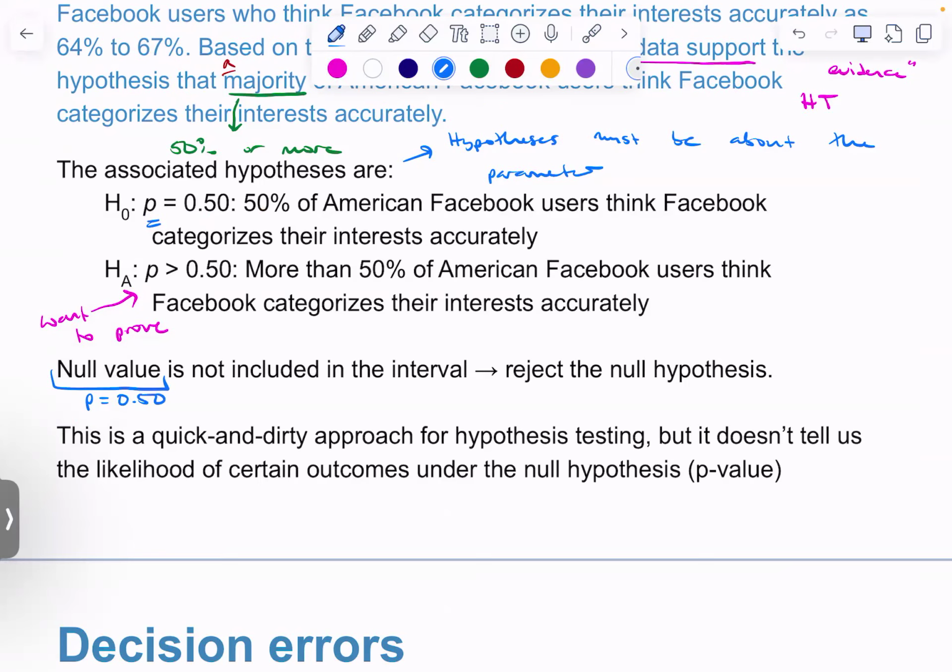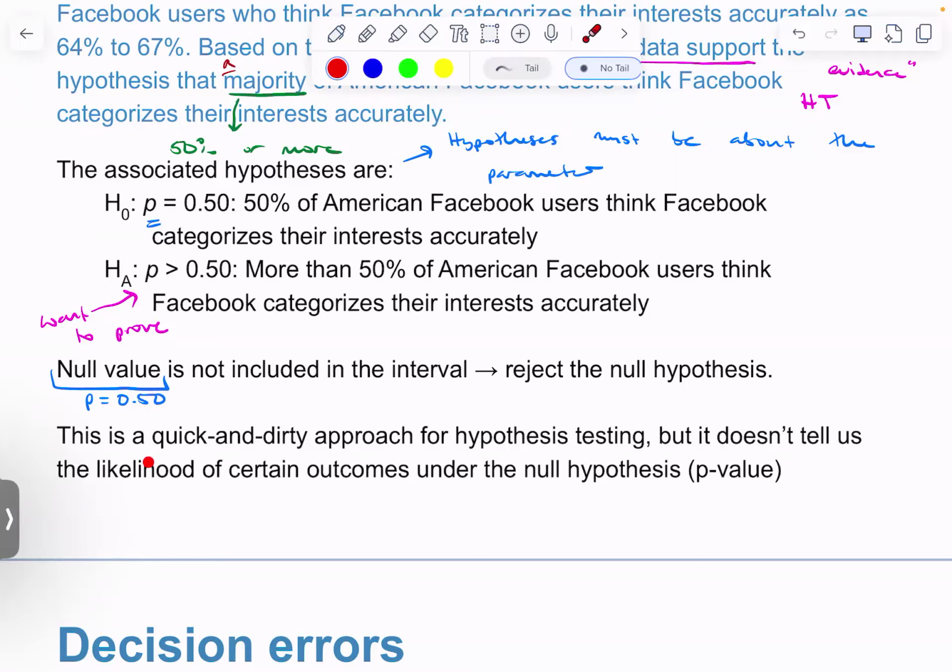If the null value is not included in the interval, I'm 95% confident that that is not my population proportion. And so then we say, I feel that I have enough evidence to reject the null hypothesis.